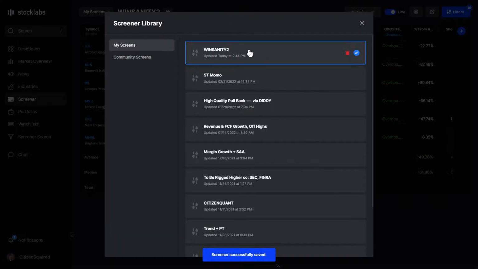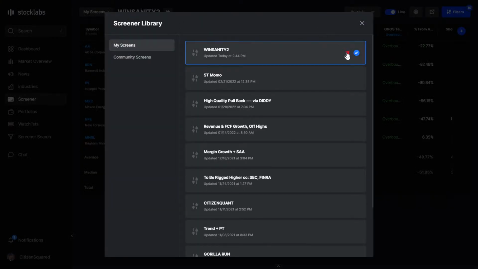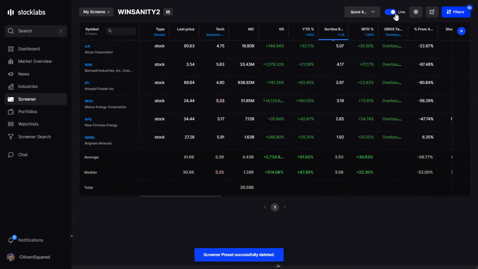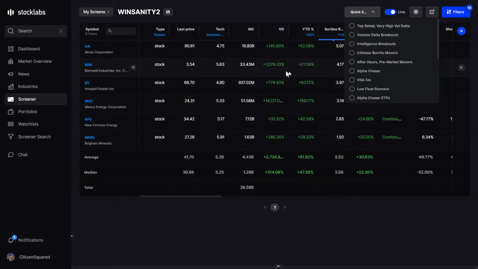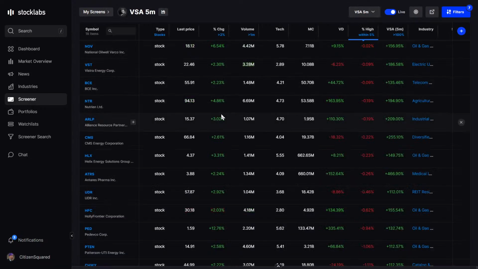So now this is my screen. Okay. This live feature will refresh the results of the screen in real time for you without you having to physically reload the page. So this isn't really a fast moving screen, but say there was something that the results would change more often.